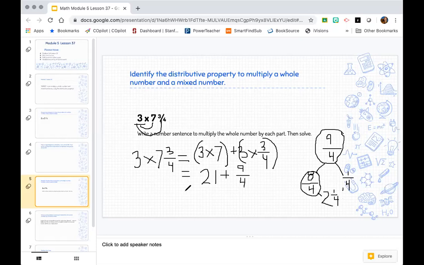So now we can come back to this equation and we go, okay, equals 21 plus 2 1/4, because 9/4 is the same as 2 1/4. And now 21 plus 2 1/4 is 23 1/4, because I can just add the 2 to the 21. Does that make sense?